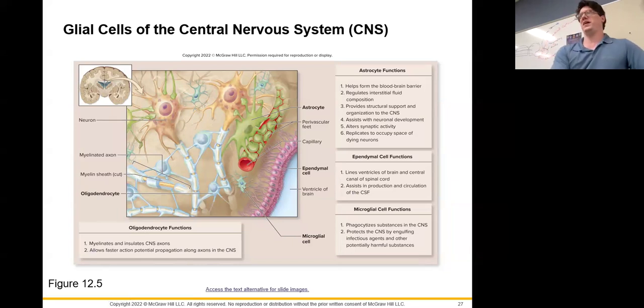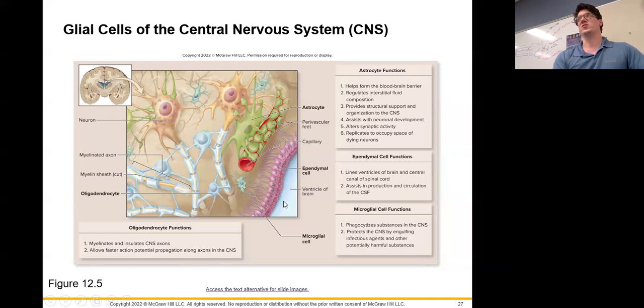And that stuff is made by these little column-shaped cells right here. These column-shaped cells that have these little feelers, that line all of the cavities in the brain, we're going to call these ependymal cells, E-P-E-N-D-Y-M-A-L, ependymal cells, okay? Like I said, these line all of the empty spaces or open spaces in the brain and spinal cord, okay?